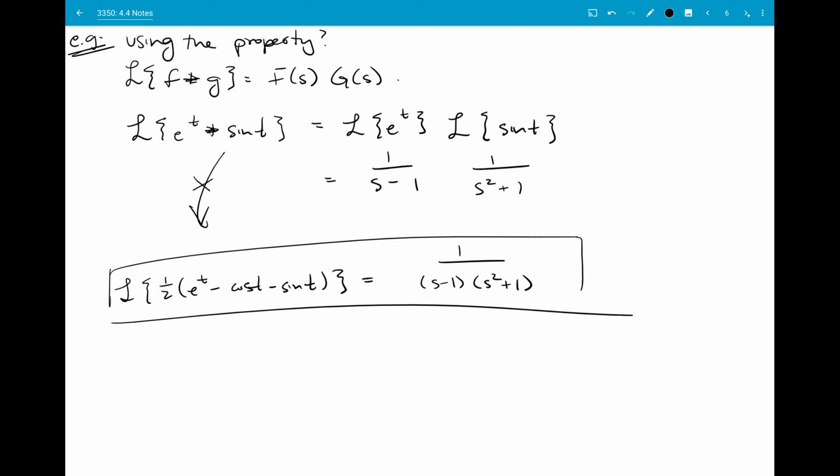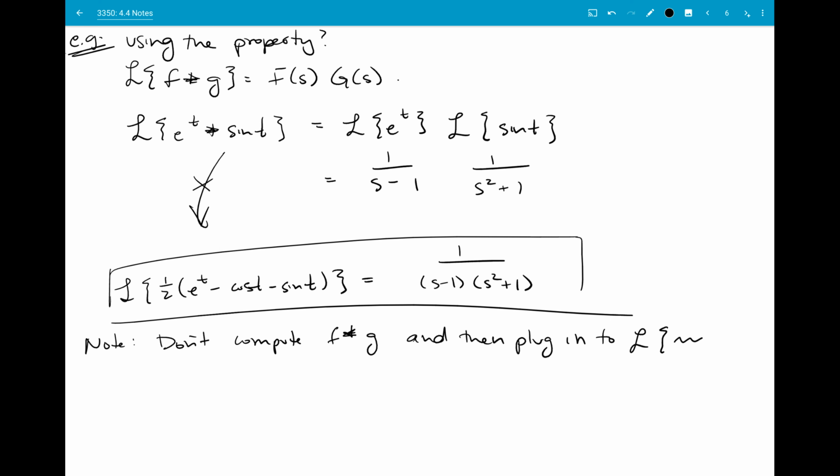But in general, that computation right there isn't really helpful to be doing. So don't compute f star g and then plug it in to compute the Laplace transform. Really what we're interested in here is the product property.